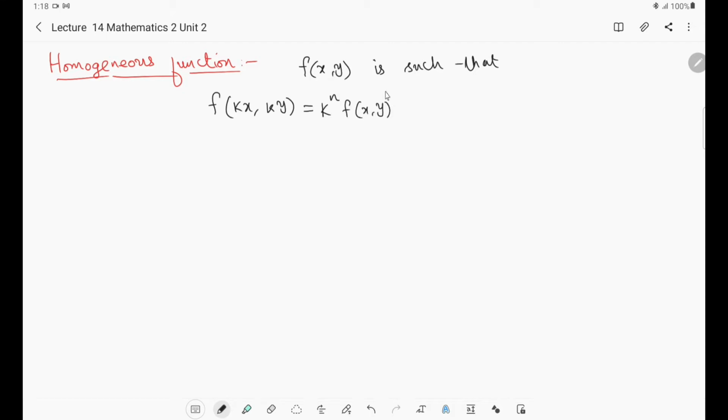Suppose I am getting k power n, which can be taken out, and again f of x comma y remains. Then this f of x comma y is called a homogeneous function of degree n.